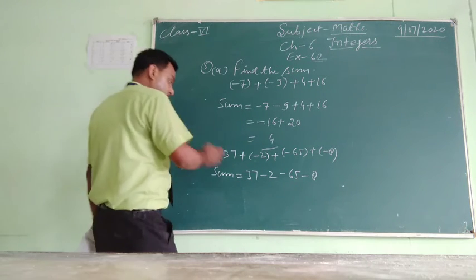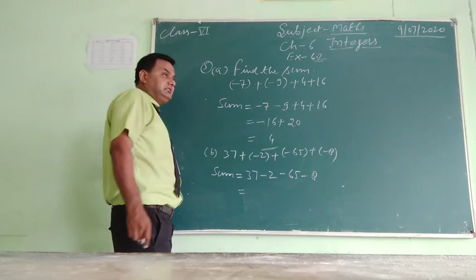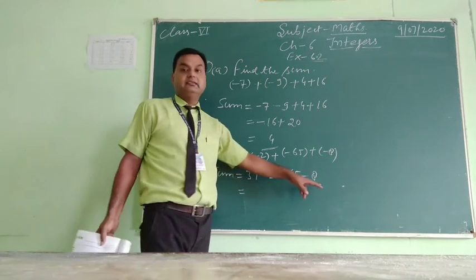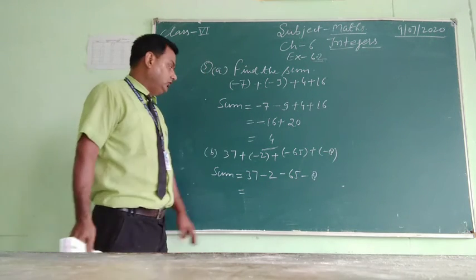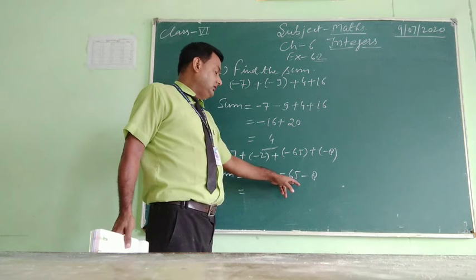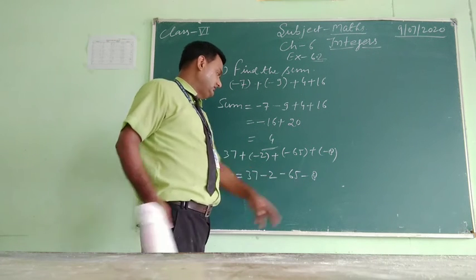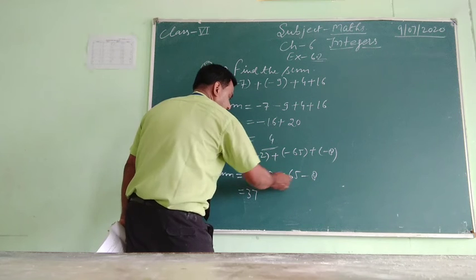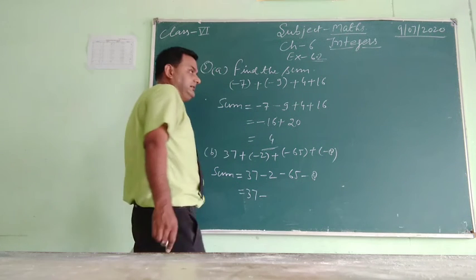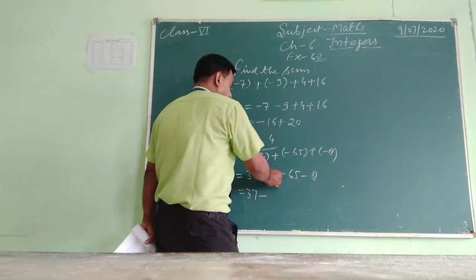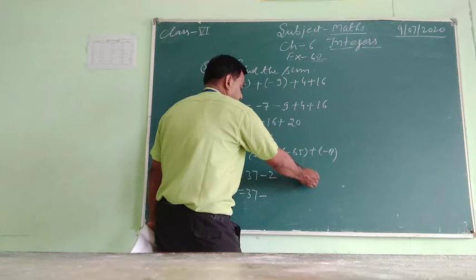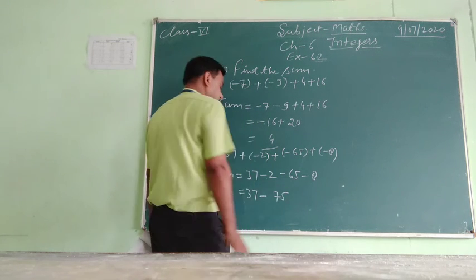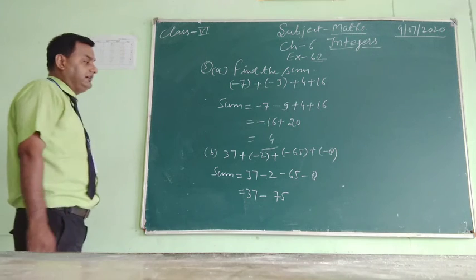Now we observe that 37 is positive and the next three numbers are negative. So we will add these numbers. Minus minus plus, sign is negative. 2 and 5, 7, 7 and 8, 15, carry 1, 1 and 6, 7. 37 minus 75.